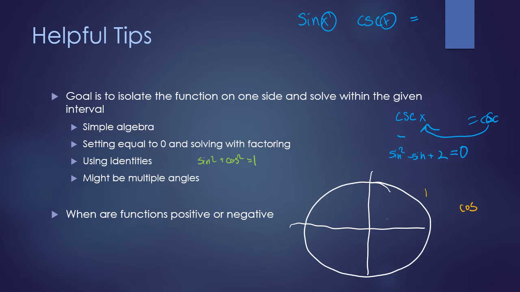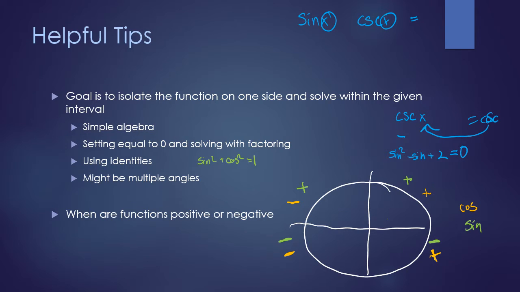Cosine is going to be positive in quadrant 1, negative in quadrant 2, negative in quadrant 3, and then positive again in quadrant 4. Sine, our y values, are going to be positive in quadrant 1, positive in quadrant 2, negative in quadrant 3, and then negative in quadrant 4.